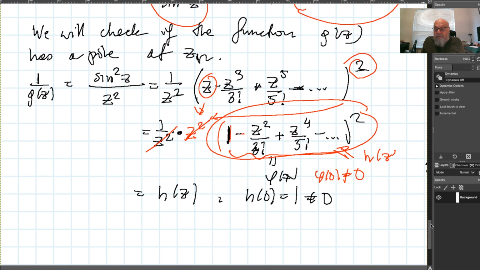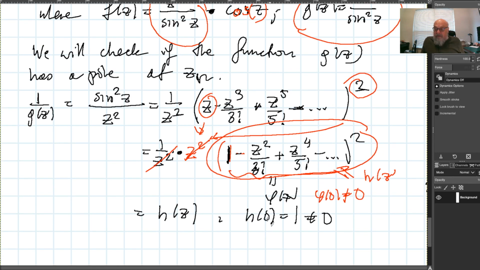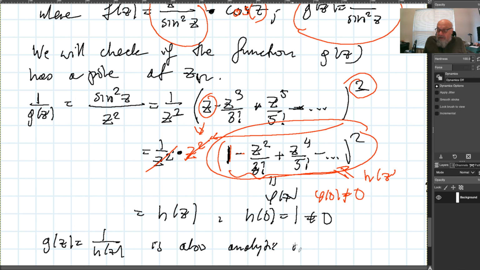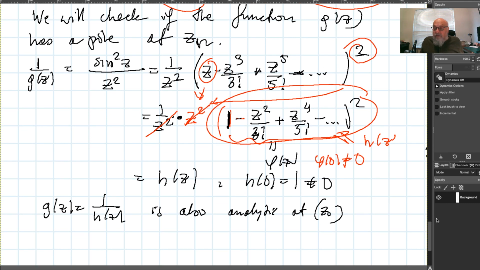So since this function is not 0 at 0, we can say that g of z, which is equal to 1 over h of z, is also analytic at z0. That means simply the principal part must be 0.